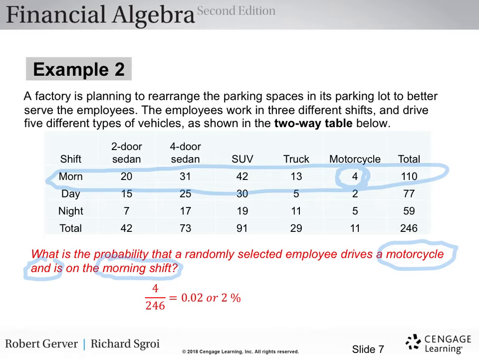So we're going to select somebody at random. 4 drive a motorcycle and are on the morning shift. Again, there are 246 employees, so 4 divided by 246 is 0.02 or 2%. So the key word here is and. So we're driving a motorcycle and we're on the morning shift. So that's only 4 people out of 246.